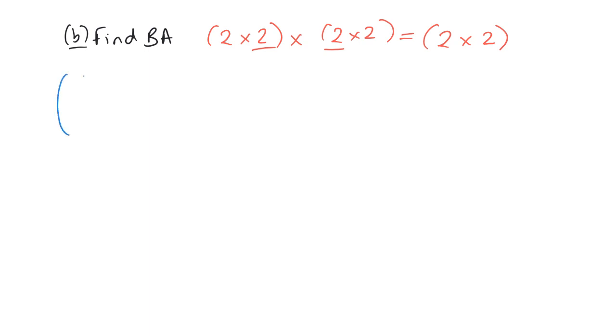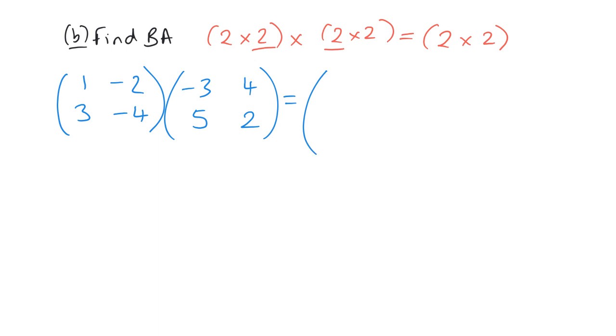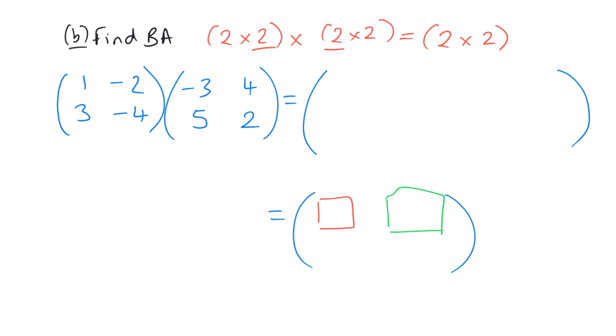So B times A. Again, just be careful with putting the right way around. So we will have an answer that is a 2 by 2 matrix.